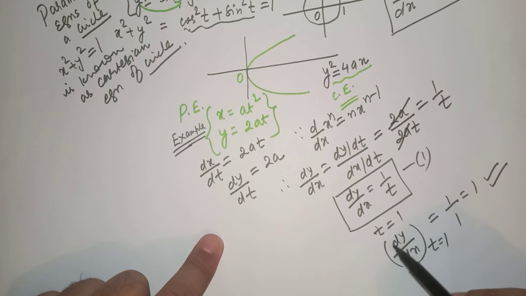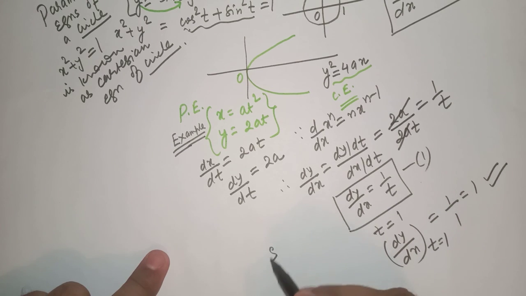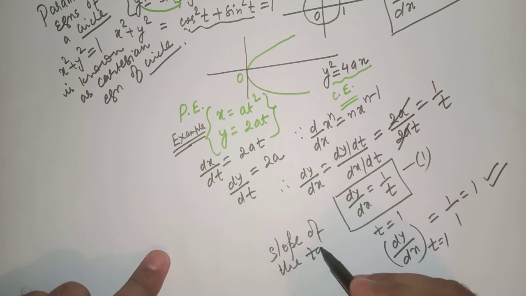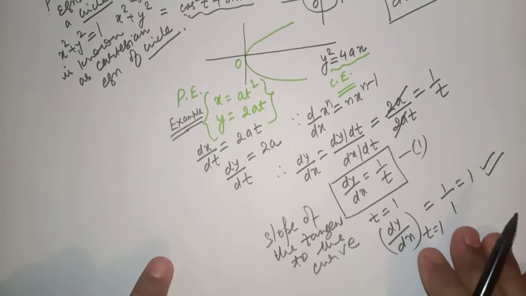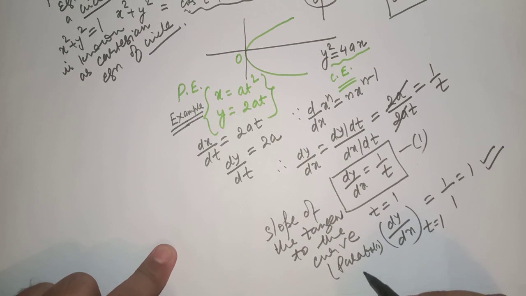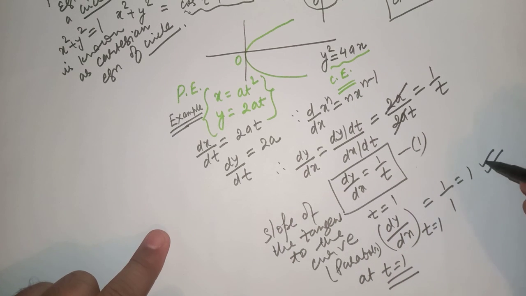And in fact, this term represents the slope of the tangent to the curve, and here the curve is a parabola. So the slope of the tangent to the curve at t equal to 1 is 1.